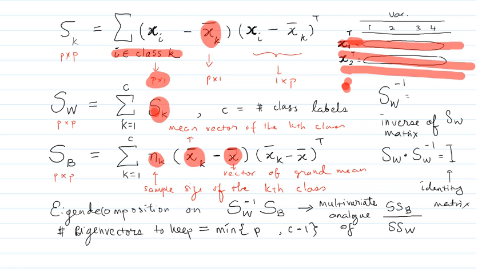So this is analogous to the SSB in ANOVA, and then after that you add up everything. Sum. Okay, so now you have got SW and SB.